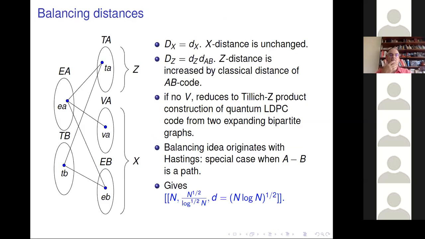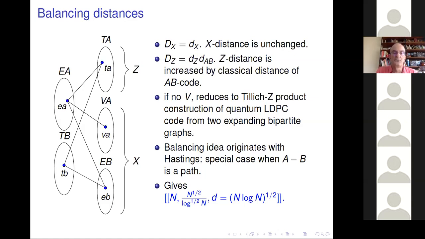And what happens if we look at this construction closely is that the x distance of the new complex is going to be unchanged instead of the original simplicial complex, and the z distance actually grows. It's multiplied by the classical minimum distance of the classical code that is described by the AB bipartite graph.